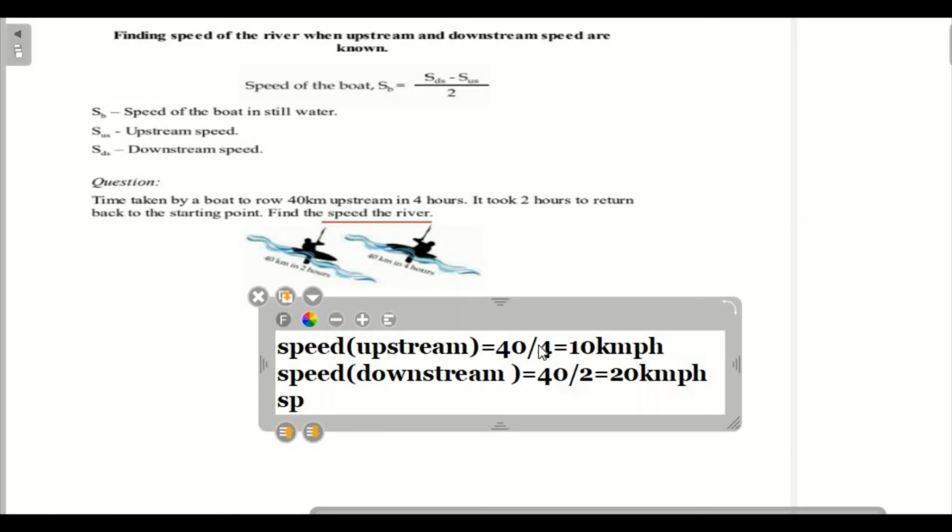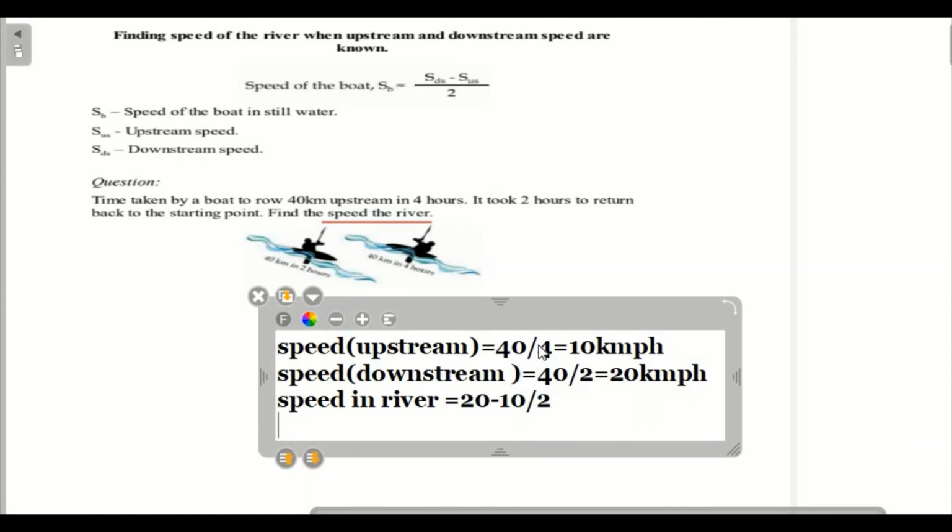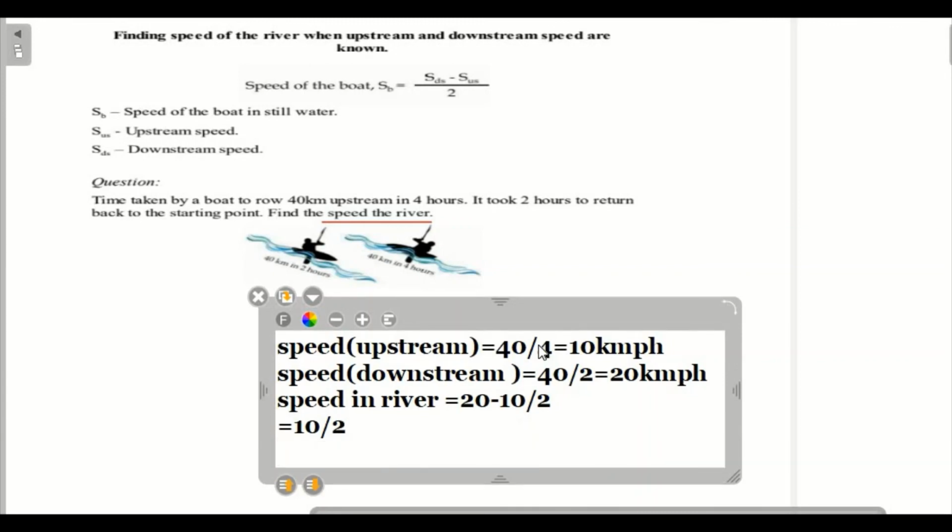For calculating the speed of the river, our formula will be 20 minus 10 divided by 2, which is equal to 10 divided by 2, that is 5 kmph.